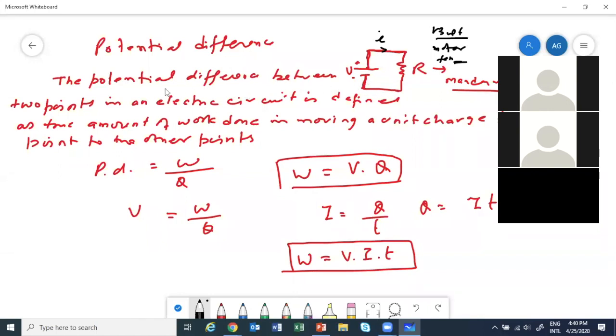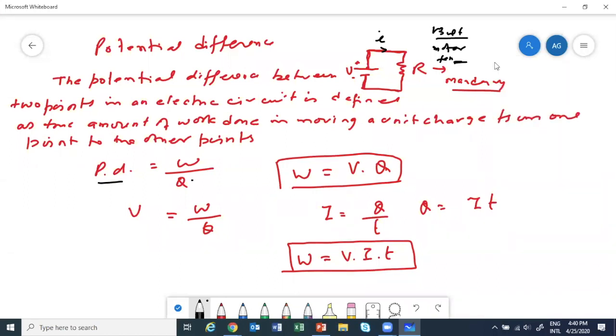So the potential difference between 2 points in an electric circuit is defined as the amount of work done in moving a unit charge from this point to the other point. So PD is W by Q, denoted by volt.